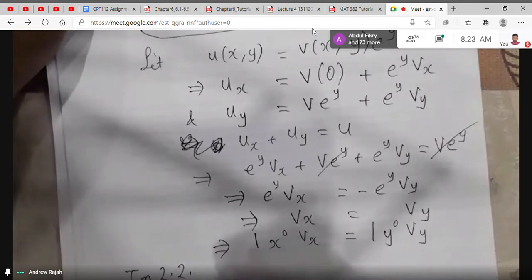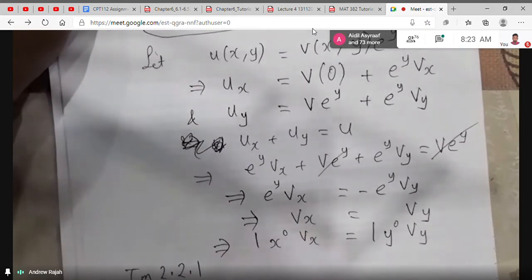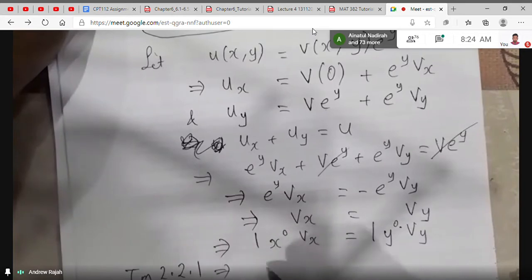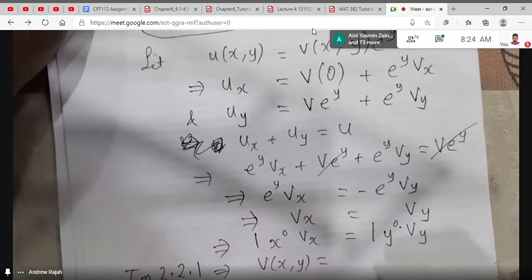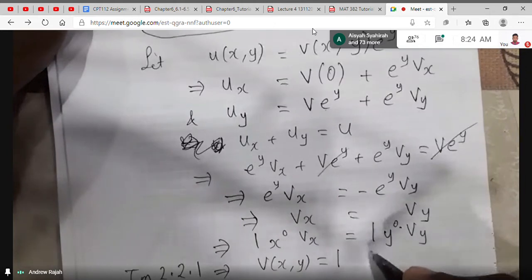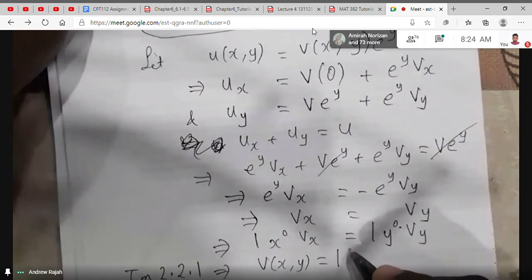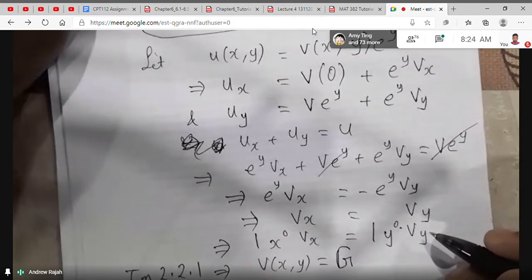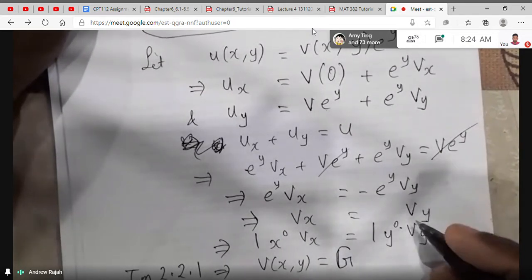Power m not 0, n not 0, implies v(x,y) equals an arbitrary function. I can't use f, I already used f earlier, because I changed the previous f, so I changed it to something else.